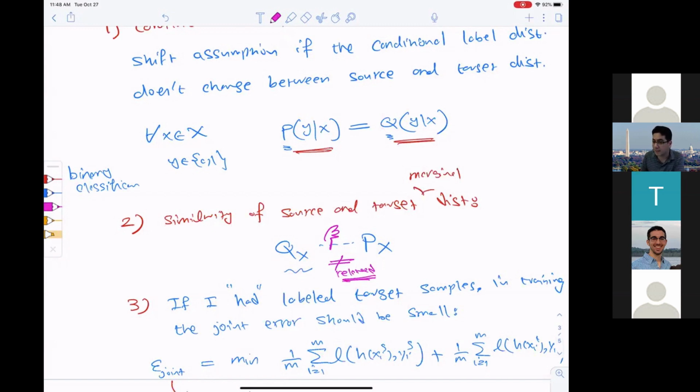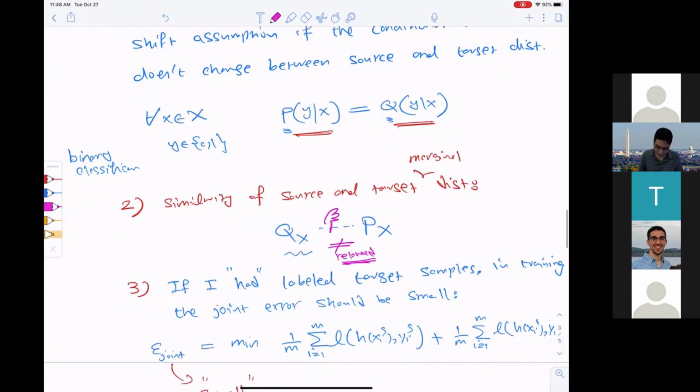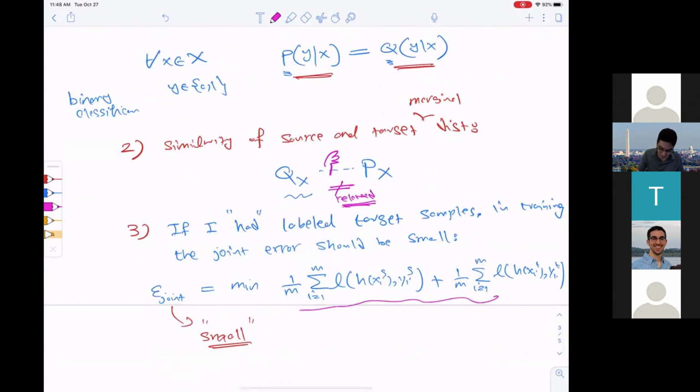But the fact is that we don't have the labeled target samples during the training. So I cannot have a joint training in order to learn that universal mapping for the source and target domains. The issue here is that the marginal distributions can be different.